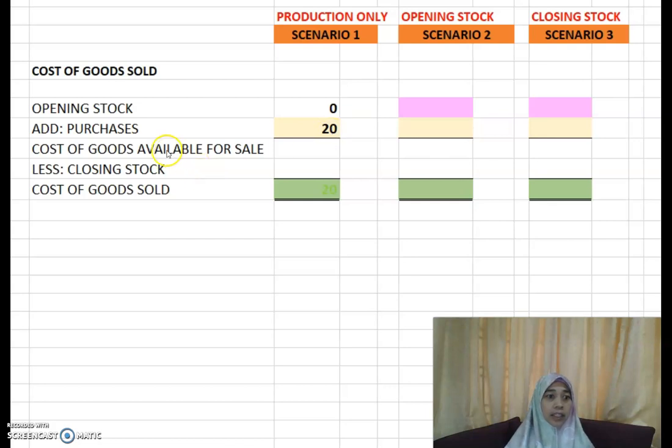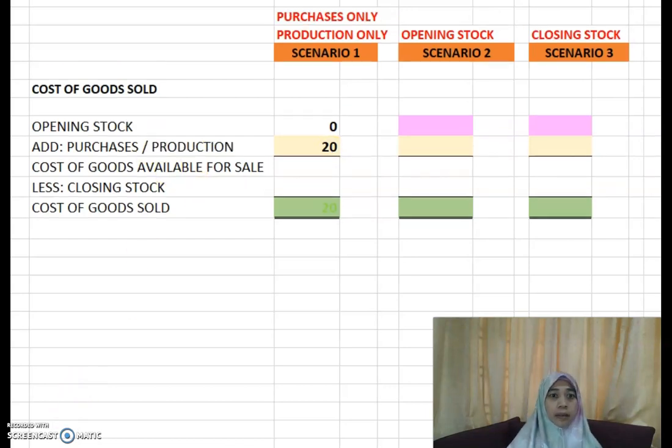If you have purchases only or production only, let's say you purchase 20, that will be 20. That will be the cost of goods available for sale. Now if you don't have any closing stock, so your closing stock is 0, your cost of goods sold will be 20.